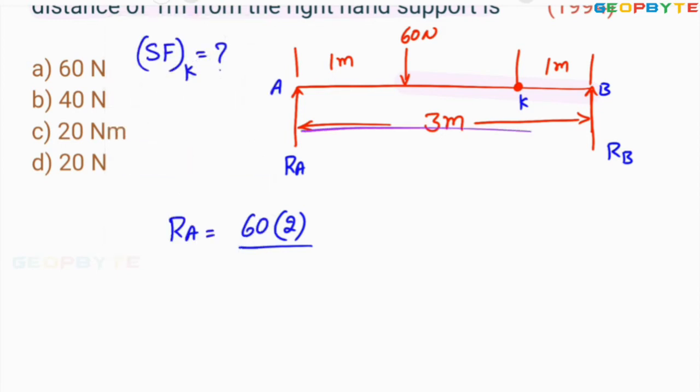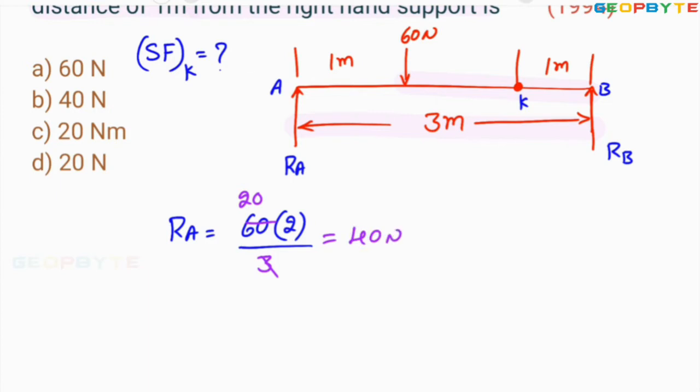This is the total distance, divided by 3. So it is equal to 40 newtons.